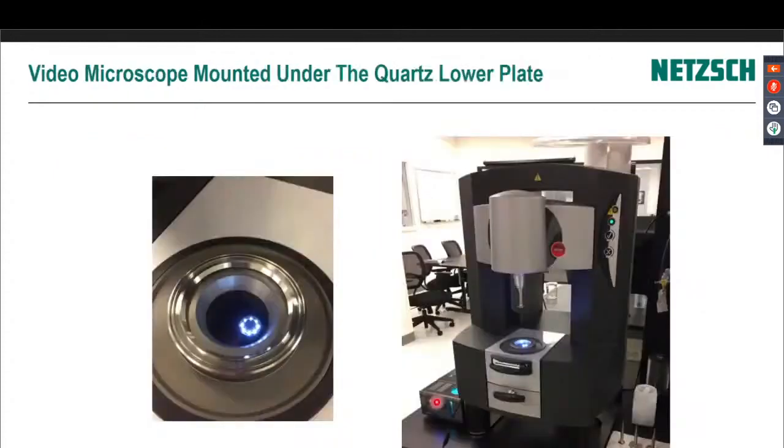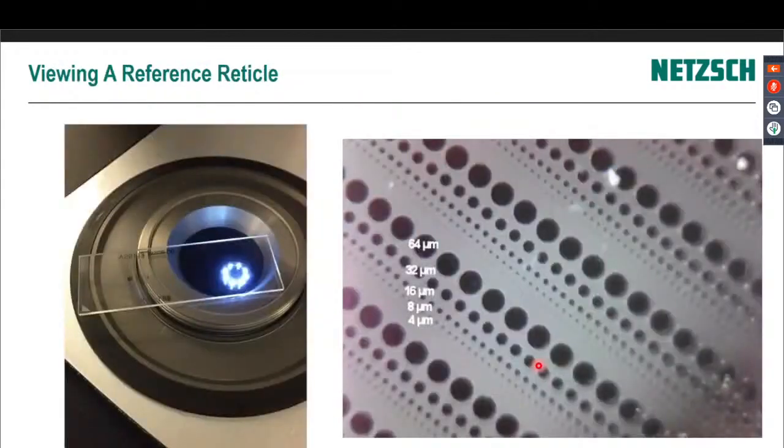So this is the microscope with the LED lights around it. So this is very nice. You can change the radius that you're going to look at, and you can bring it up close. You can change the magnification on the microscope and the brightness of the lighting and things like that. And so we can actually look up from underneath. And I wanted to see how good this microscope was. So I put it on there, a reticle, which is a particle size reference slide, which they use in microscopy.